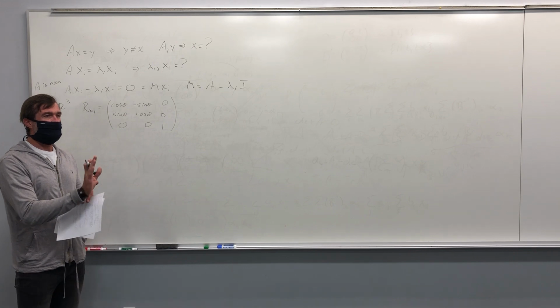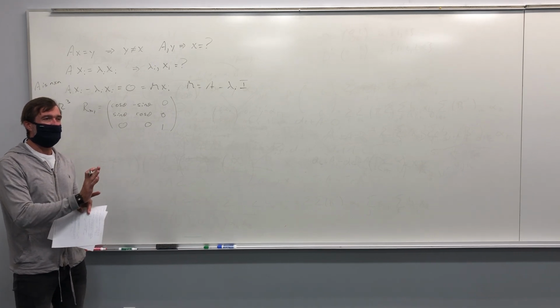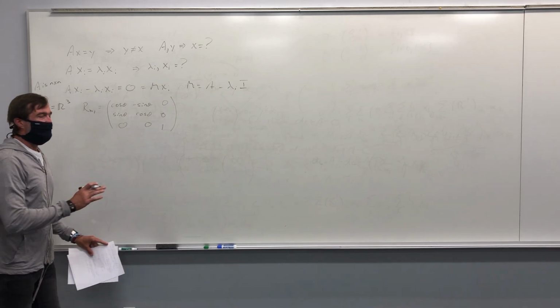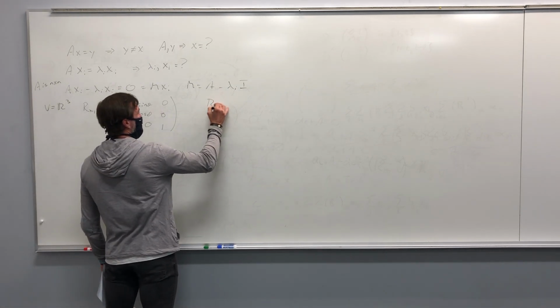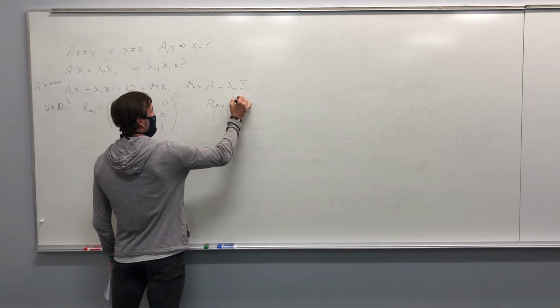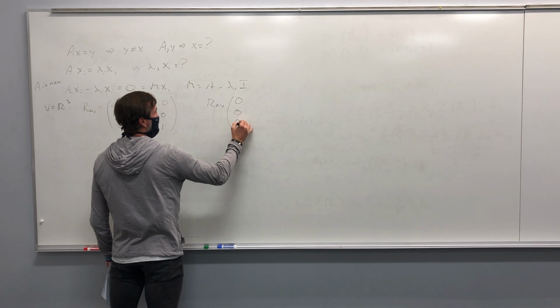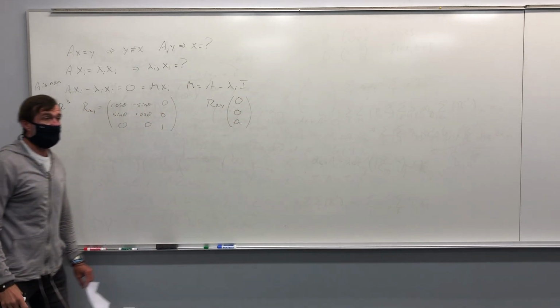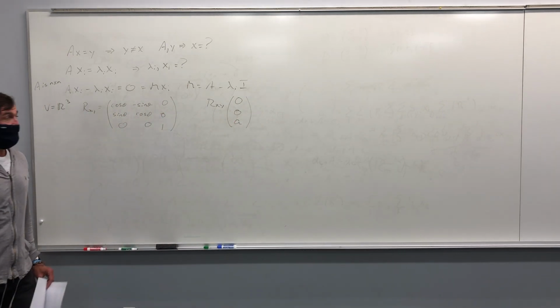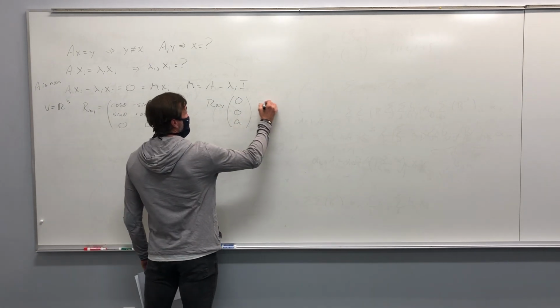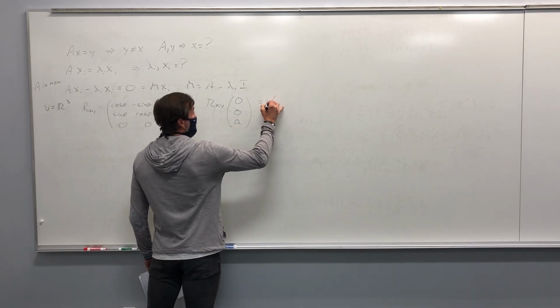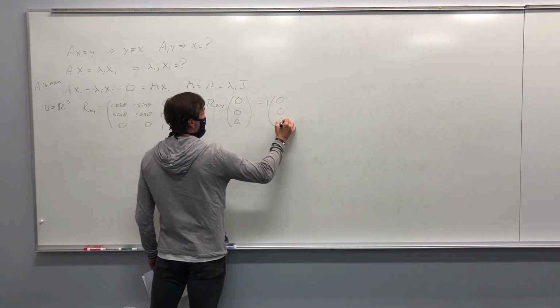So what do you not change when you're rotating around xy? Z. So if I write down Rxy on 0, 0, a, it doesn't have to be 1, but I could make it 1. Then this is going to give me plus 1 times 0, 0, a.